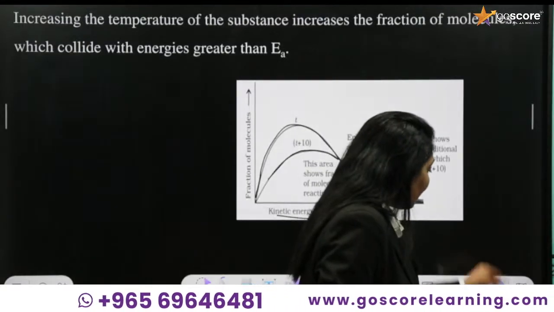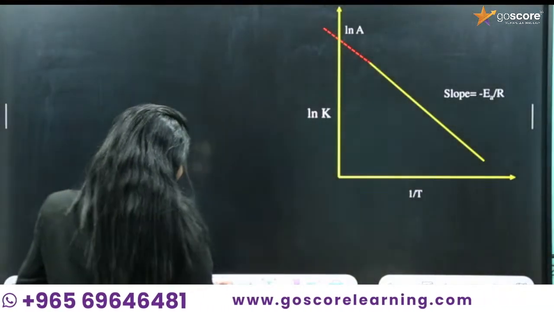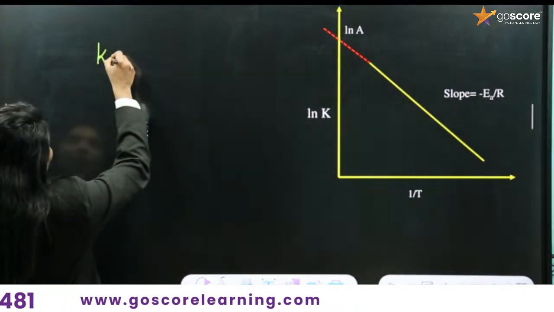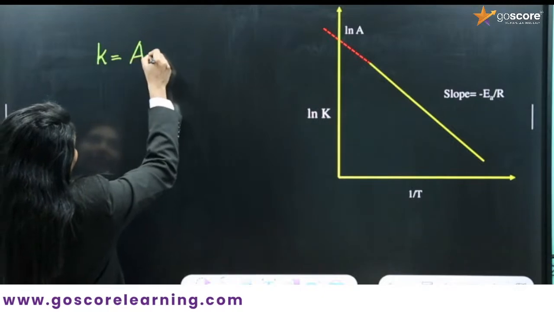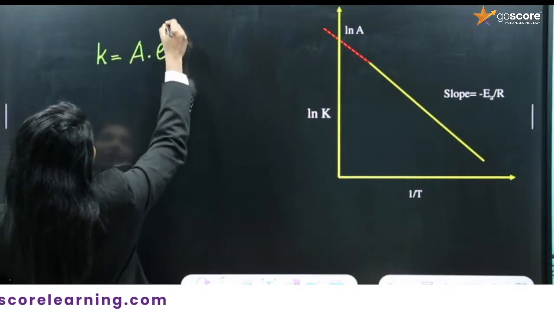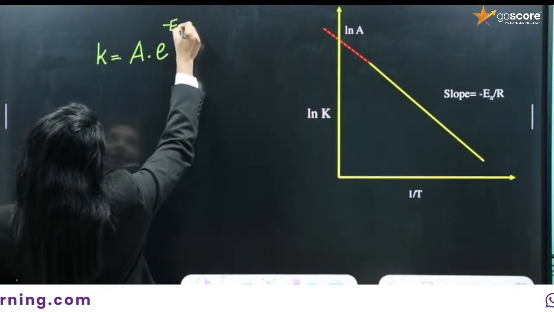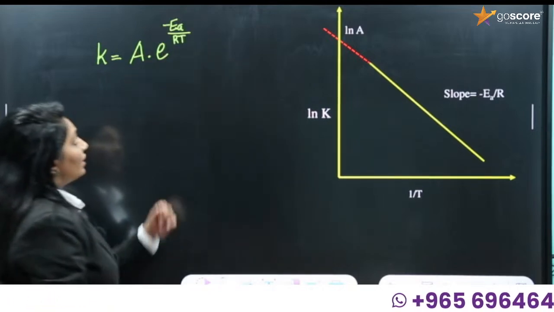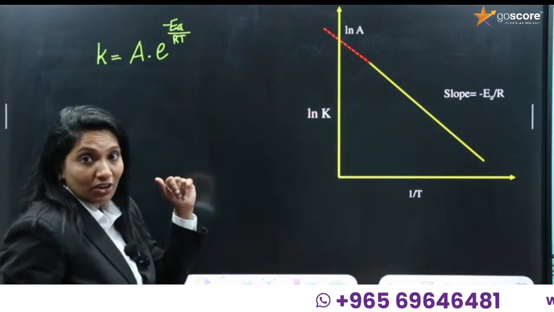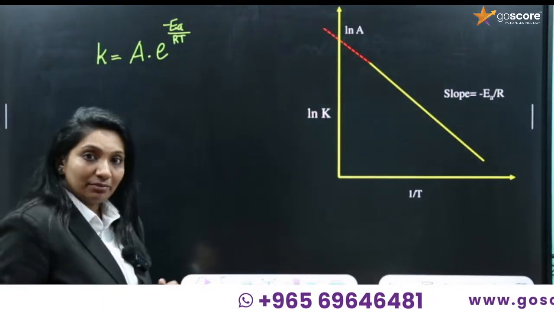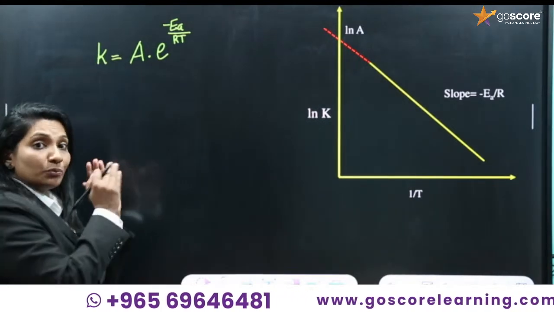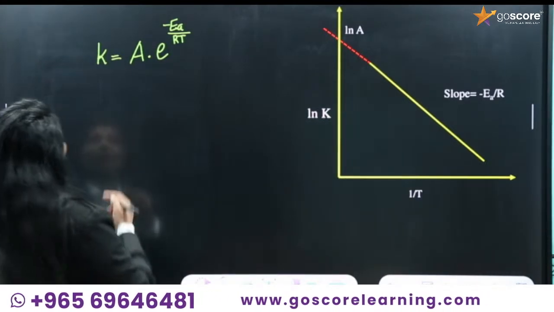Okay, what is our Arrhenius equation? It is k = A e^(-EA/RT), where A is the Arrhenius factor, EA is the activation energy, R is the gas constant and T is the temperature in Kelvin, right? So, when you take the natural log on both sides of this equation, how can we write?